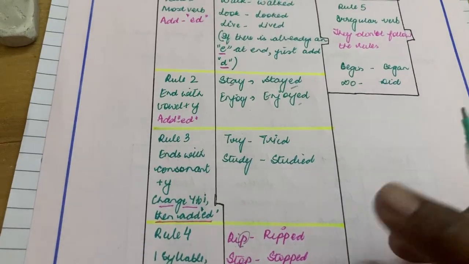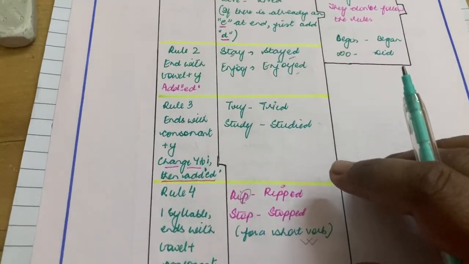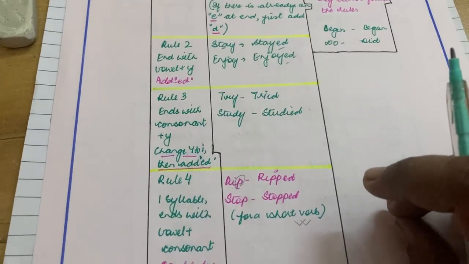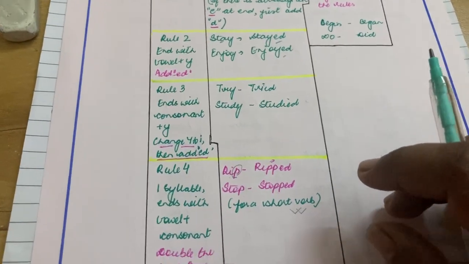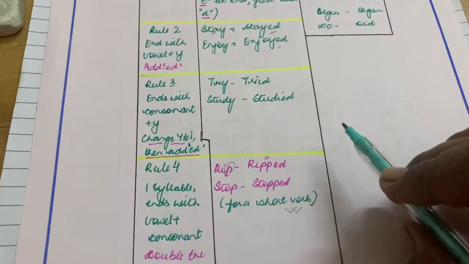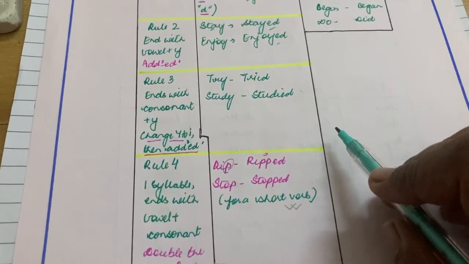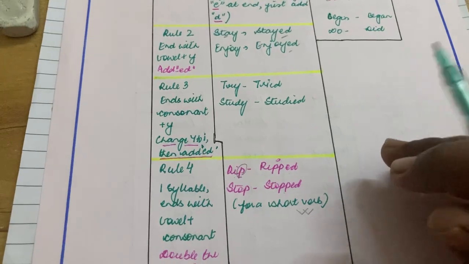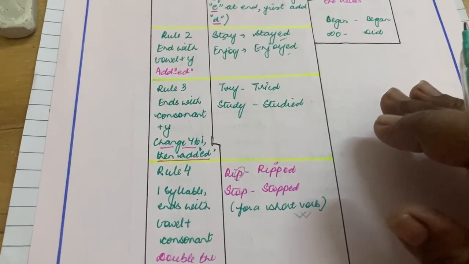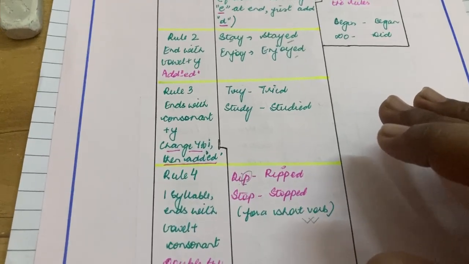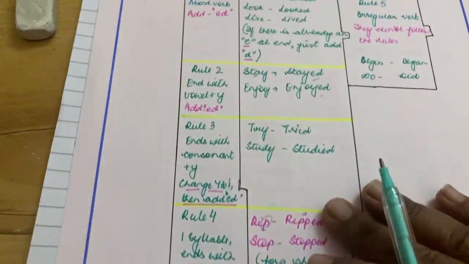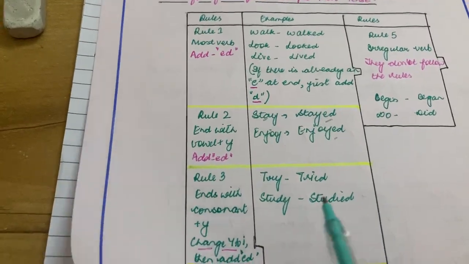If there is a vowel and a consonant, meaning any verb that is ending with a vowel and a consonant, we will double the consonant, that is the alphabet at the end, and then add ed. And the fifth one is an irregular verb, where these rules do not apply and the entire spelling gets changed.